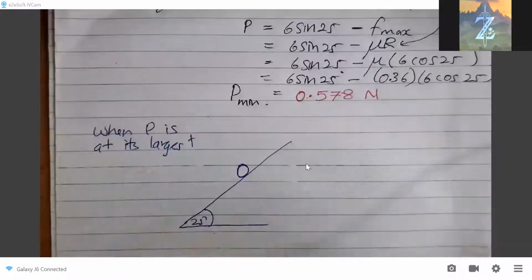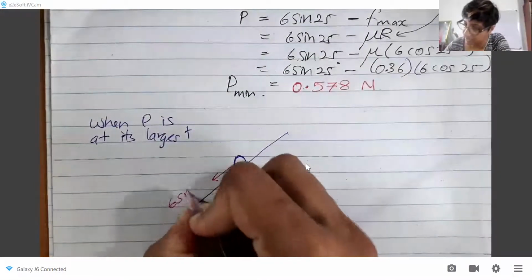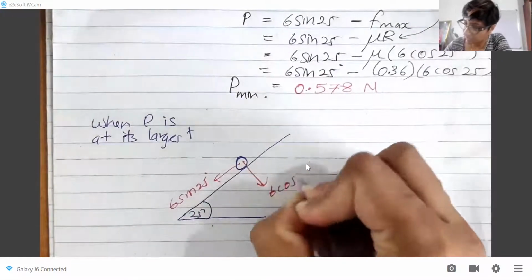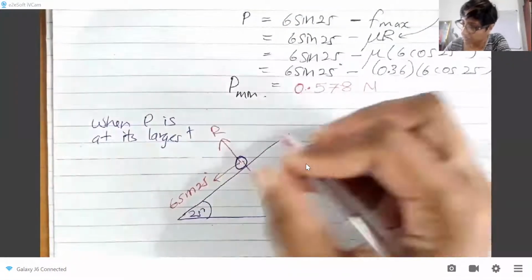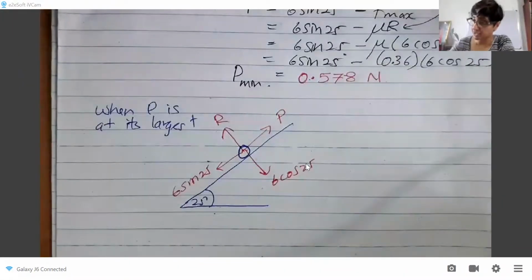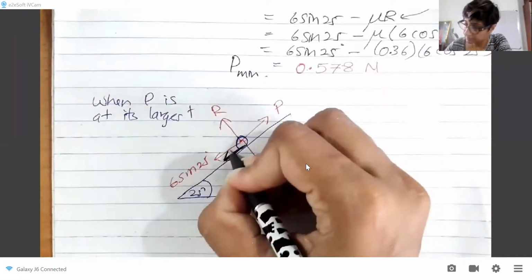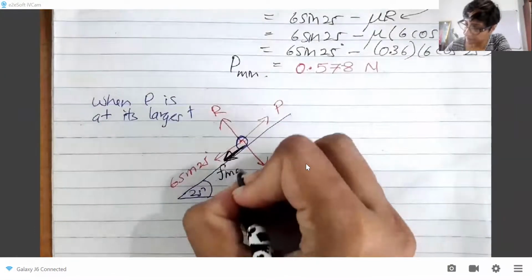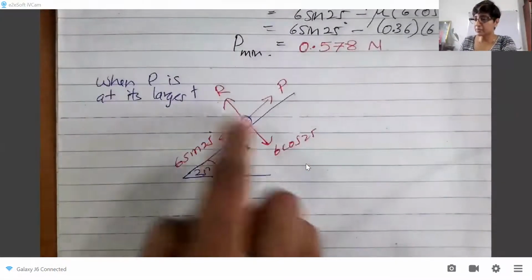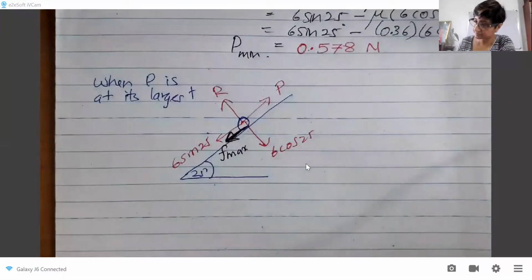When P is at its largest, you have your two components of weight, 6 sine 25, 6 cos 25, acting down, P still acting up the slope, and now your friction would be down, F max. For vertical equilibrium, nothing has changed. You can use the same thing from the previous.